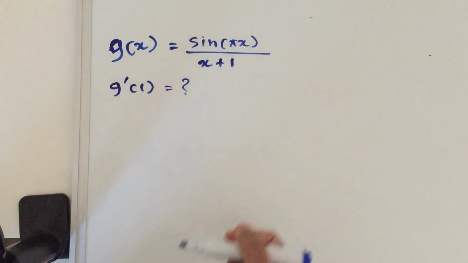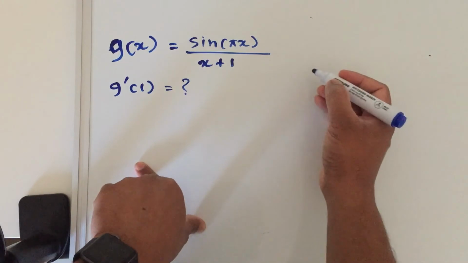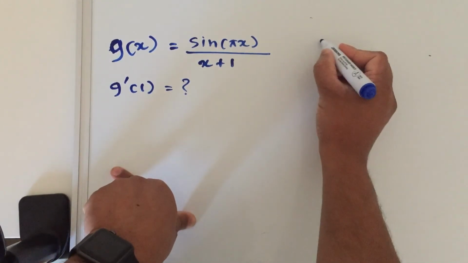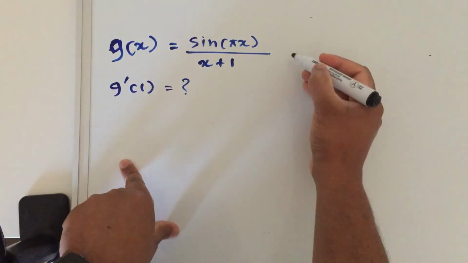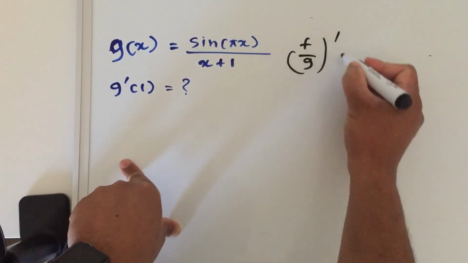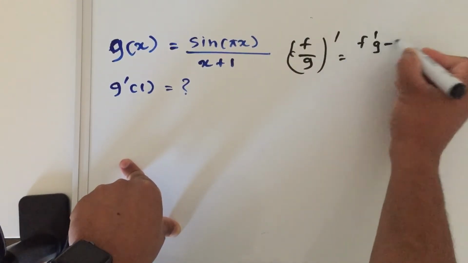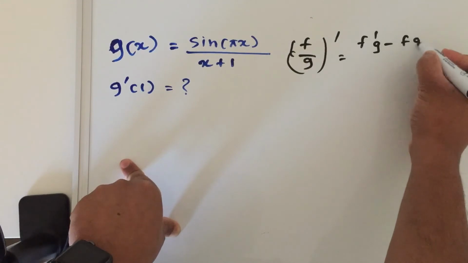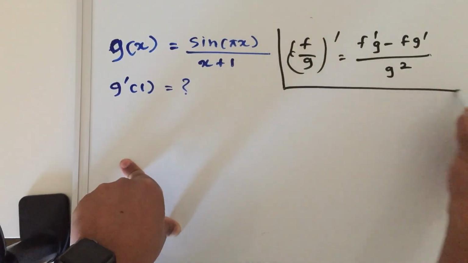We're going to apply the same principle that we learned in the first question. First we write down the rule, f over g, right? So f dash g minus f g dash over g squared. So this is the rule.